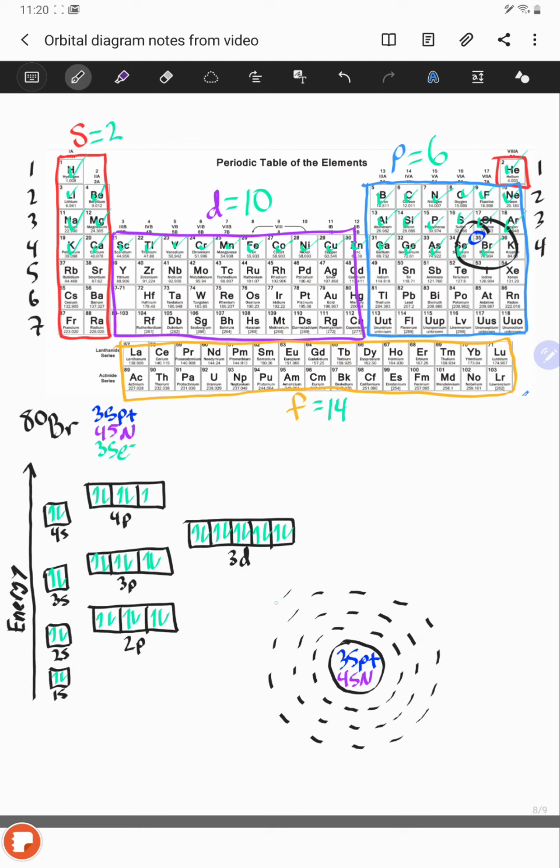Right, third energy level, and then here's the fourth energy level. All right, fourth energy level drawn in.